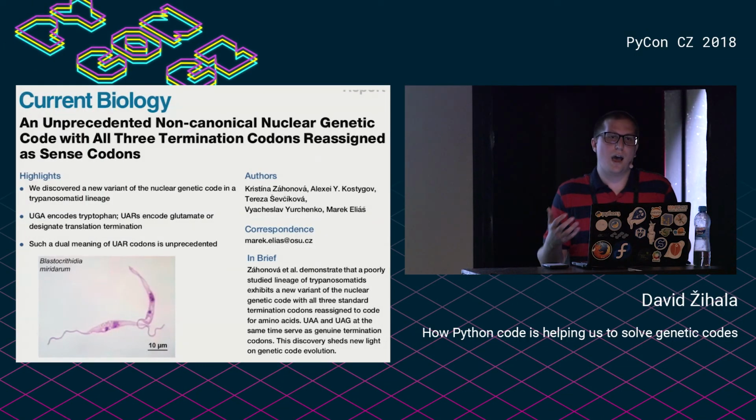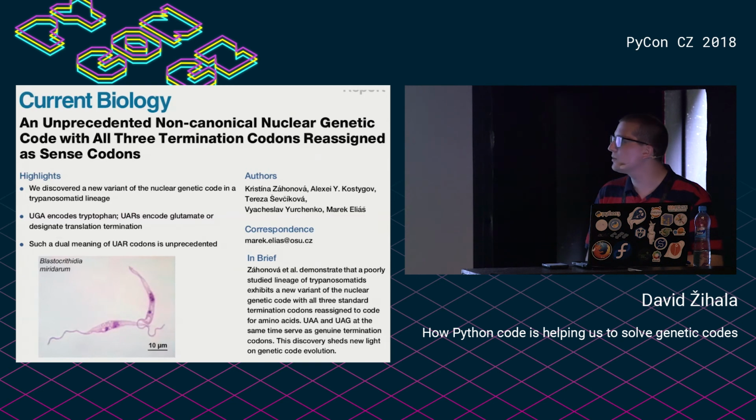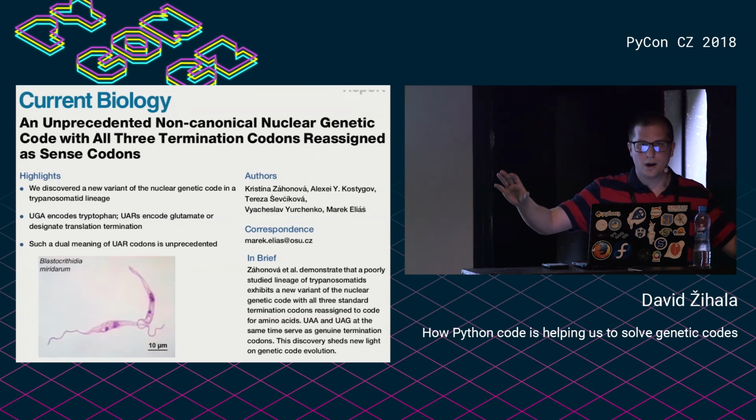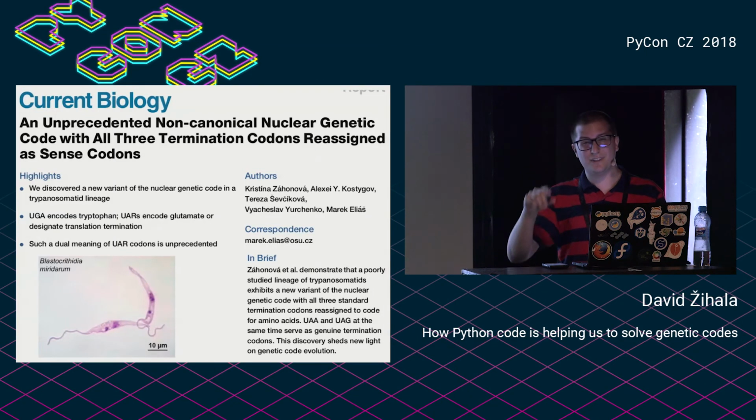So the question was how this organism can survive, and people found out that these organisms, those stop codons in these organisms, they have dual meaning. So if they are in mRNA not close to the end, they can encode amino acid, but if they are close to the end, they are used as a stop codons.